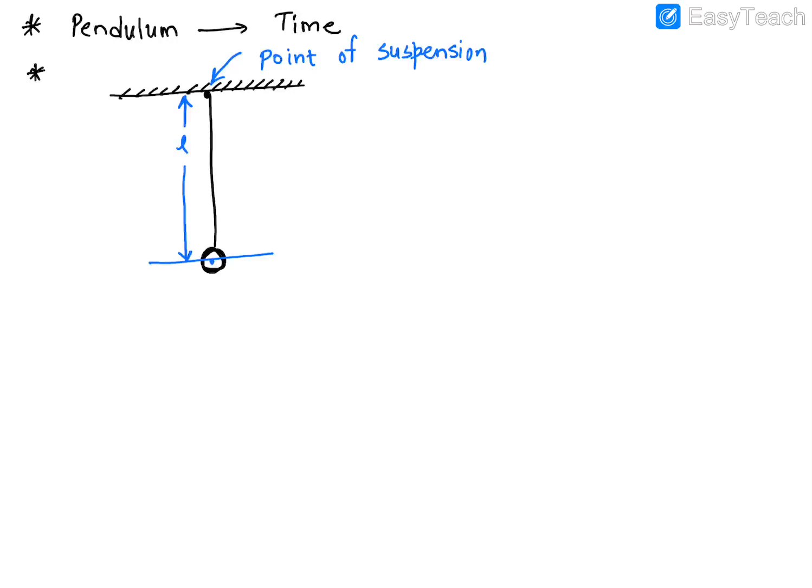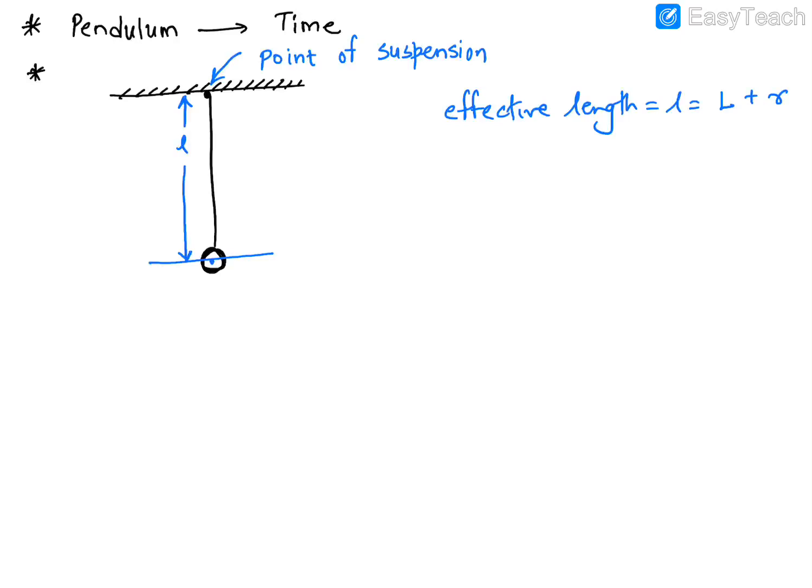Okay, so what does L stand for? Effective length. L stands for effective length. So I'll just write over here, effective length is equal to L, is equal to capital L plus small r.